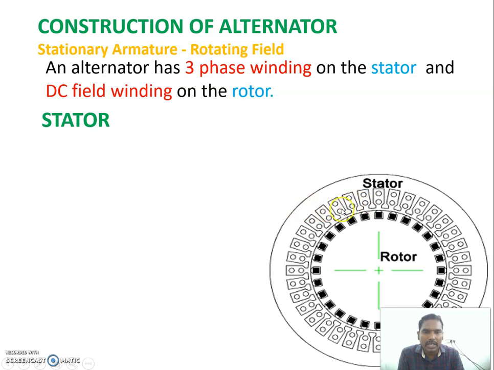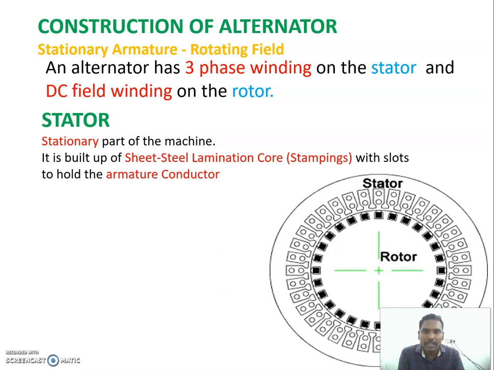All the coils are connected and linked together, and this creates the stator portion of the alternator, the stationary part of the machine. These are stampings.